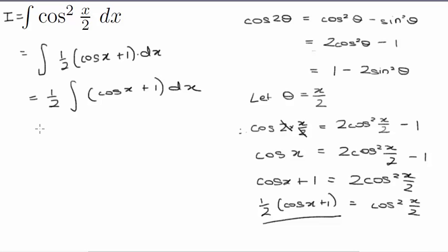Now, I don't think it's really necessary to split the integral. I don't think it's too much of a hassle, so we're just going to integrate all at once. So this will be half times, integrating everything in the integrand. The integral of cosine x will be sine of x. And of course, when we integrate 1, we just get x. So that becomes half times sine of x plus x.